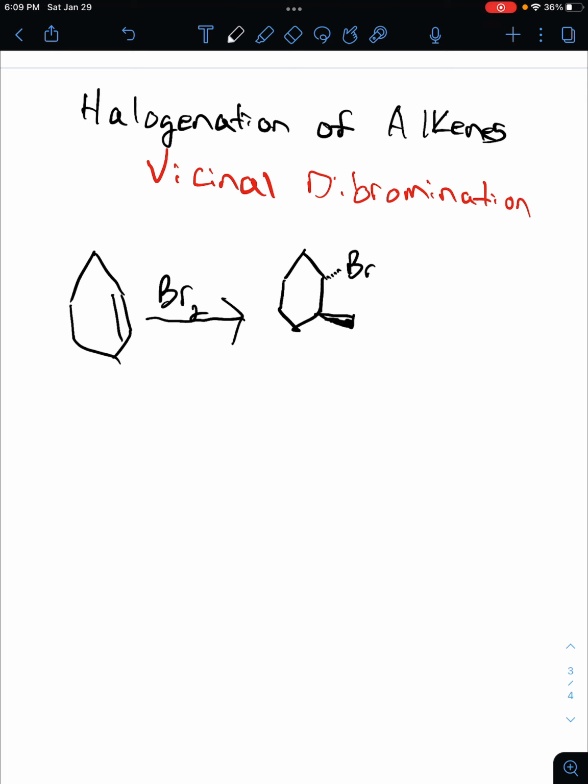One of the bromine atoms is going to be behind the plane of the molecule, and the other bromine atom is going to be in the forward plane of the molecule as such.